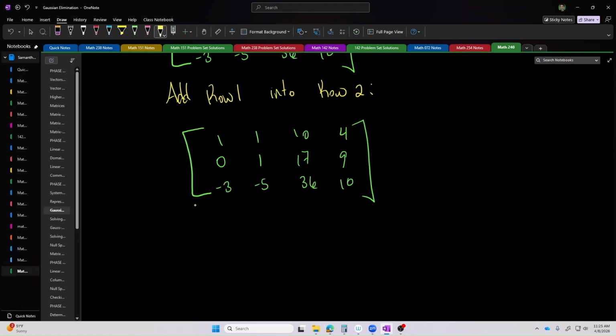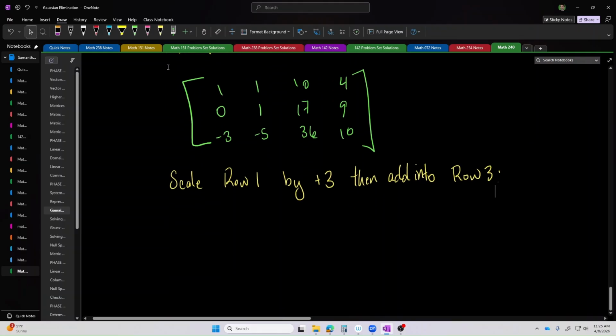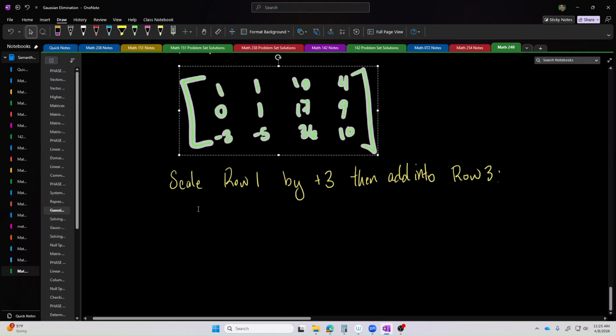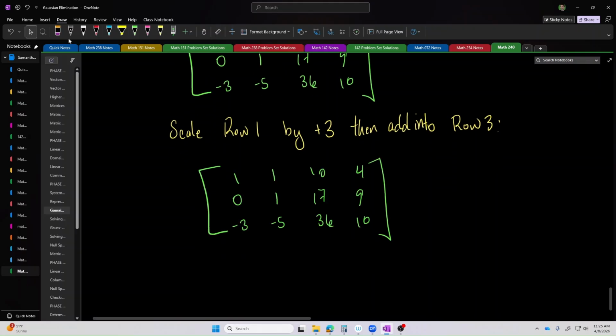So just to comment my steps here, scale row 1 by +3, then add into row number 3. So let's see what happens when we perform that action. Copy paste everything except for the third row, which we are modifying.